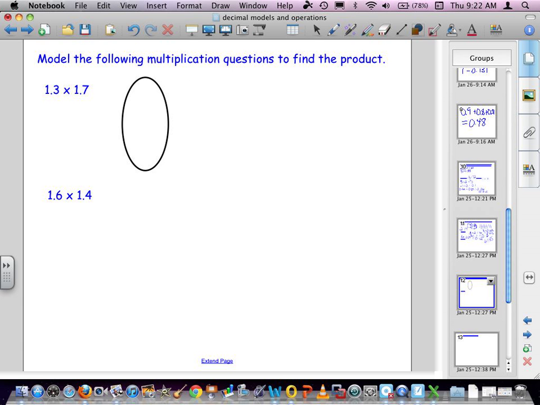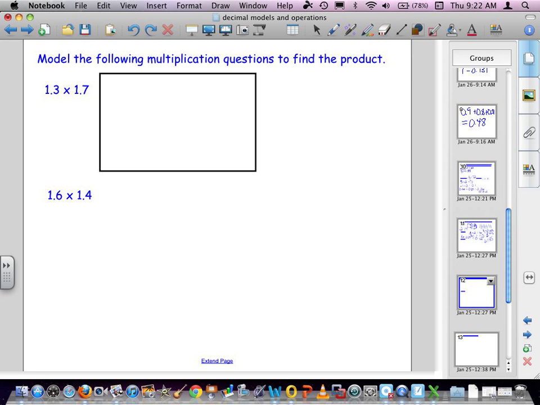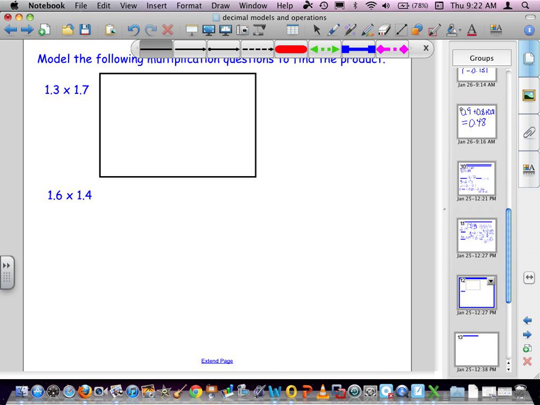Oops. That's not an area. Grab the square. Build a rectangle. So if you take your flats out and you stack a length that is 1 and 3/10, what you're going to fit in here is a flat and 3 rods.